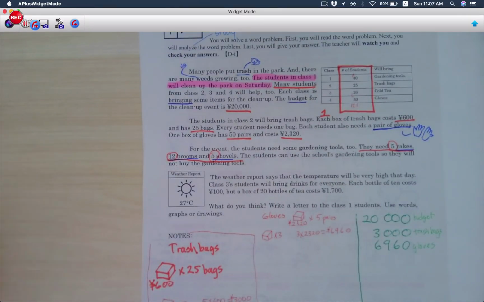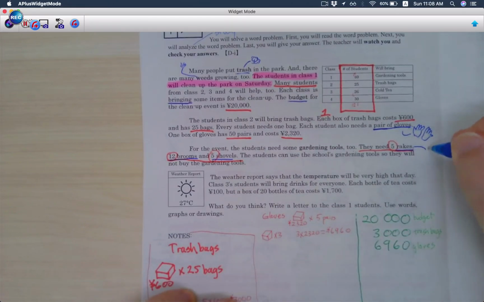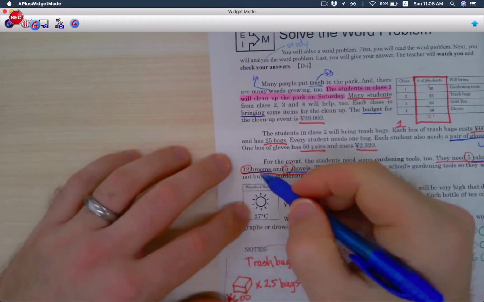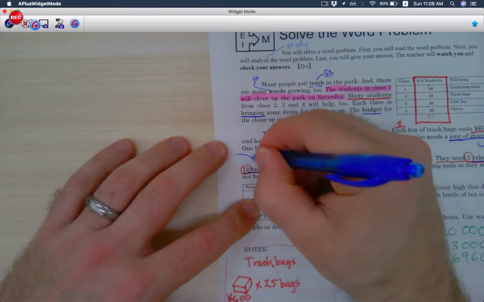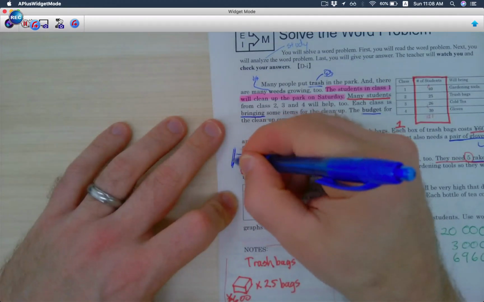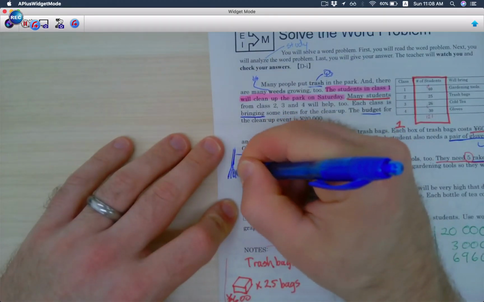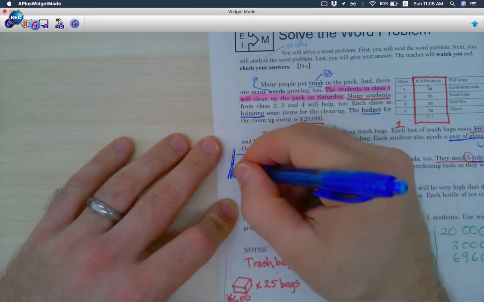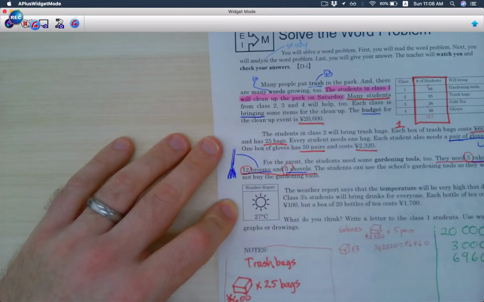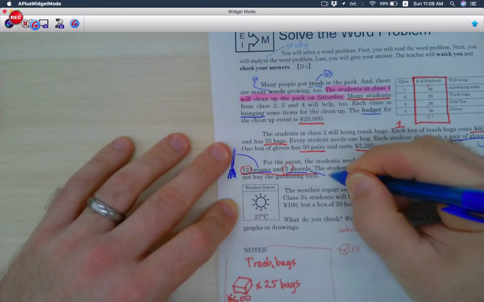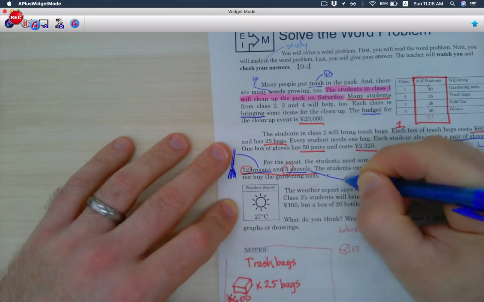So first I'm going to check what these items are. Okay, so a rake looks like this, and a broom looks more like this, and a shovel is for digging, looks like this.